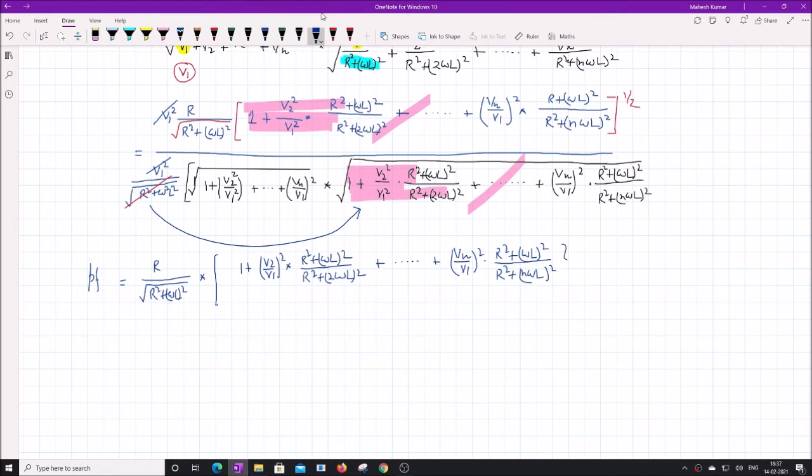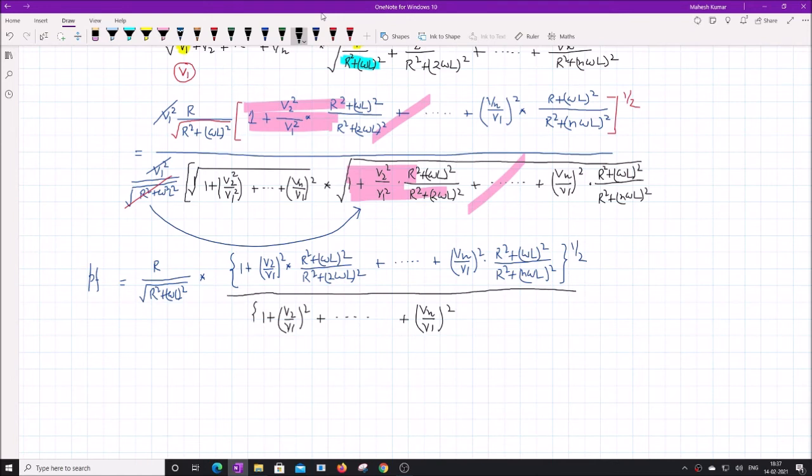This whole thing to the power 1 by 2. This bracket is not required then. Remove it. And then by 1 plus V2 by V1 square till Vn by V1 square and square root of this.